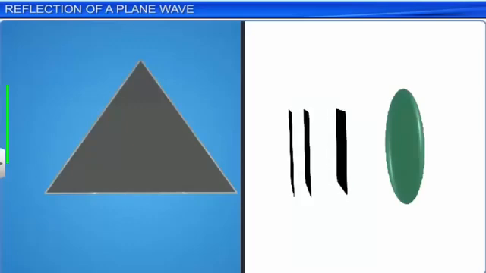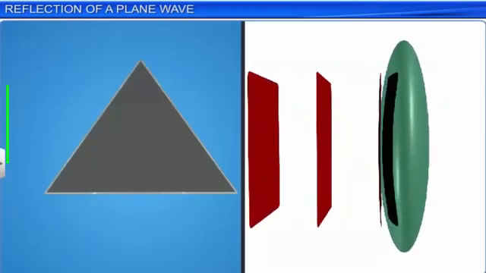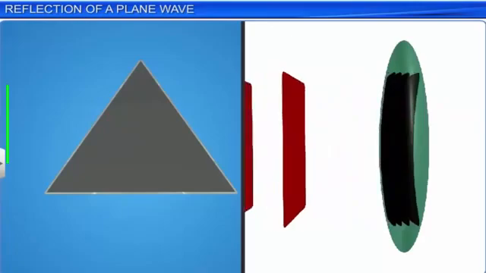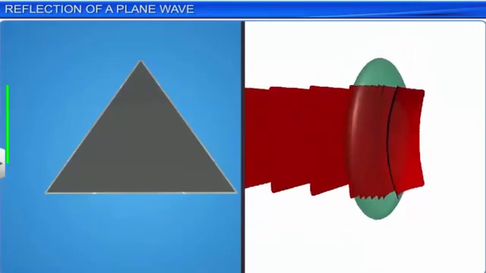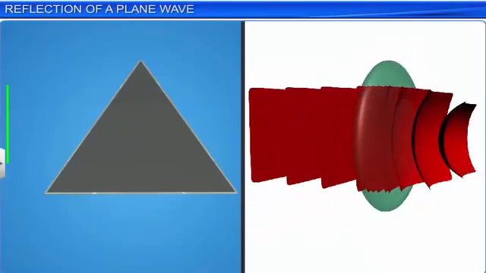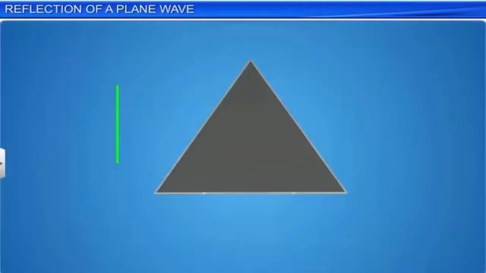Let us now understand the behavior of a plane wavefront as it undergoes refraction through a prism as well as through a lens. Consider a plane wavefront AB passing through a glass prism.